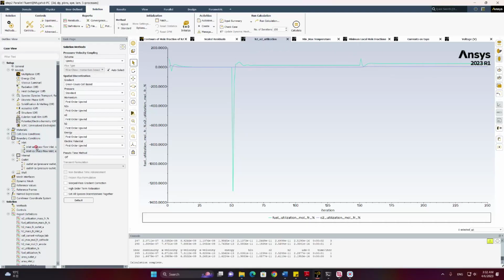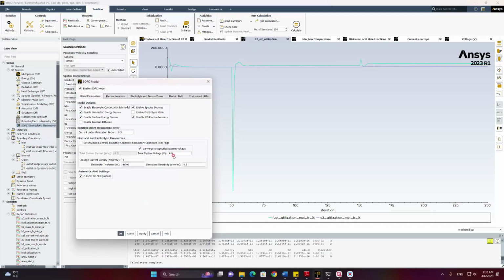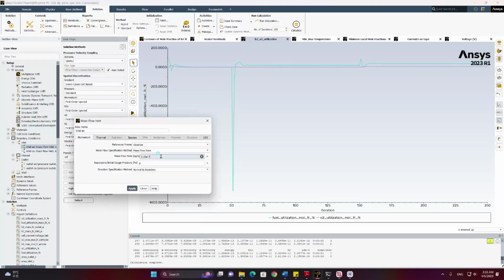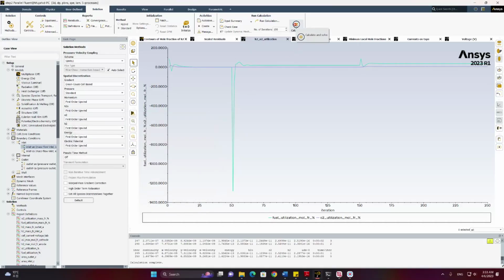So now again we will apply more load from 0.9 to 0.8 volt, and the inlet fuel flow rate from 1.25 to 2.59. Solve again.